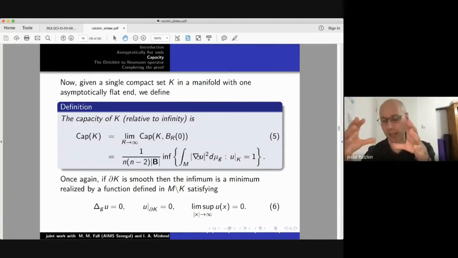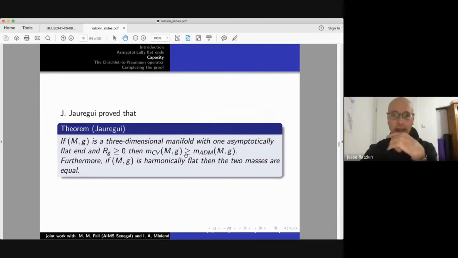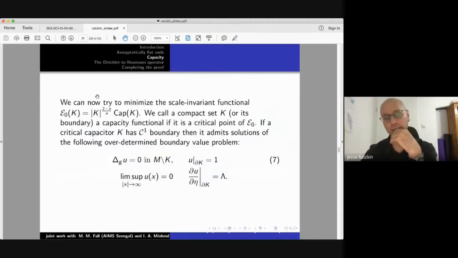If I scale my set K by a factor of capital lambda, I'm going to scale the capacity by lambda to the power n minus 2. So I need to do away with that scaling factor, and the way I do that is I multiply by volume to the (2 minus n) over n. So this is now a scale invariant functional, and I can try to minimize that functional.